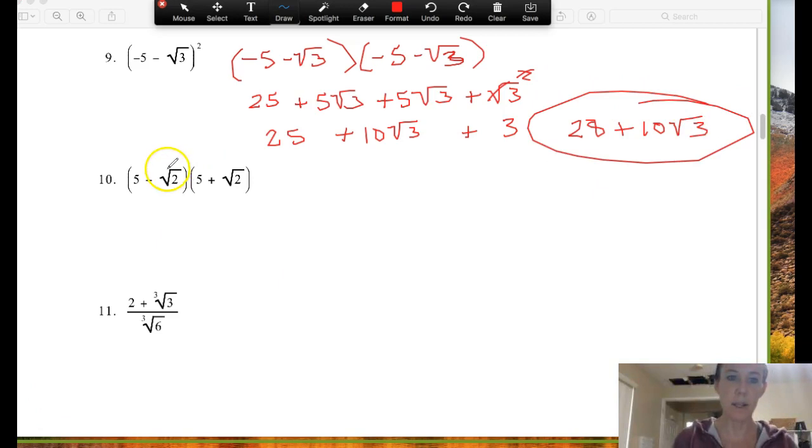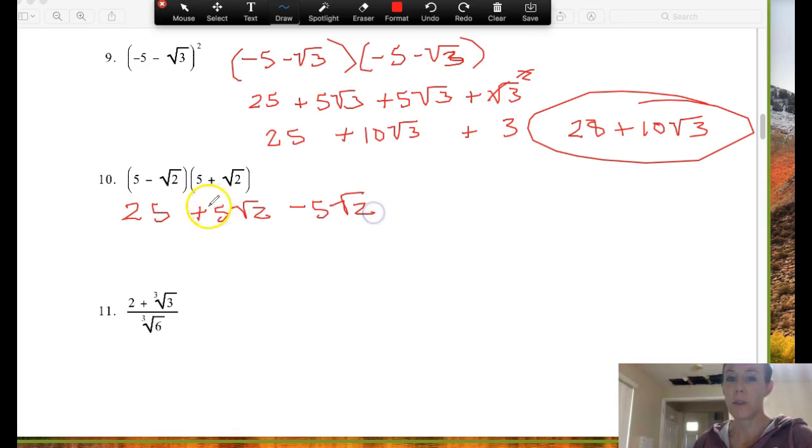All right, on to the next one. Now this one is what it would look like if you multiply by conjugates to try to get rid of the roots. You have the difference of two perfect squares. So you have 5 times 5, and that gives you 25. And then 5 times plus root 2 is plus 5 root 2. Negative root 2 times 5 will be negative 5 root 2. And that's the beauty of the positive and the negative. These terms will cancel out.